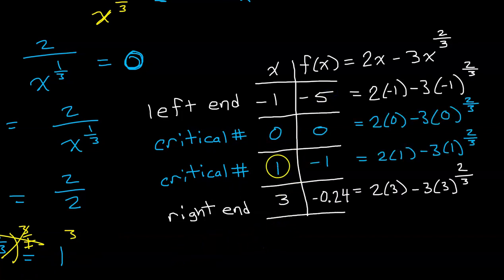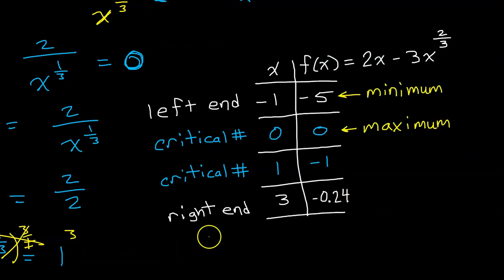Similarly, at the other critical values and the right endpoint, we get 0, -1, and -0.24. Obviously, I cheated and used a calculator on this last one to get the decimal approximation. So these are the extrema. The minimum is here at -1, -5, and the maximum is at 0, 0.